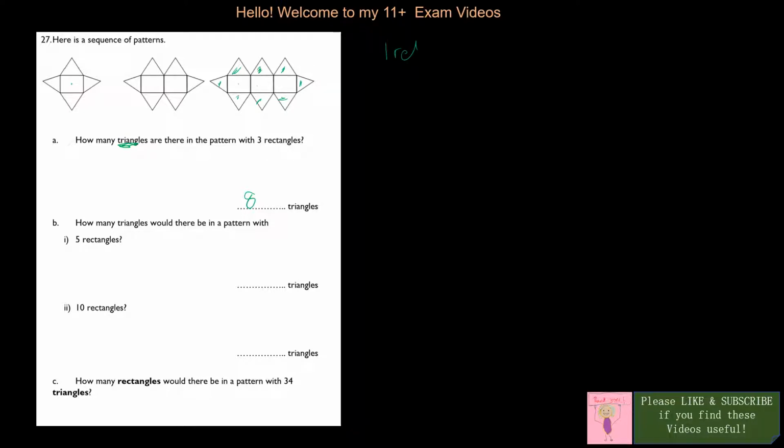So one rectangle is four triangles. 2 rectangles means 1, 2, 3, 4, 5, 6 triangles. Okay, so there's a +2. 3 rectangles means 8 triangles, +2.